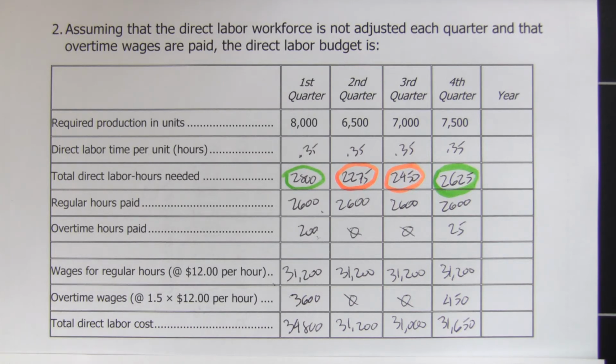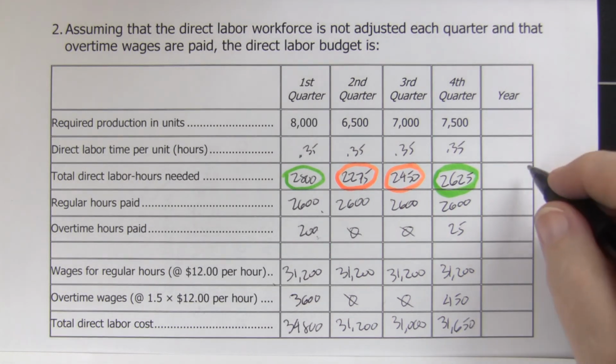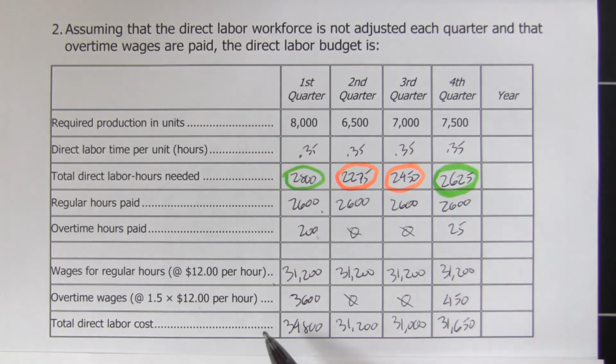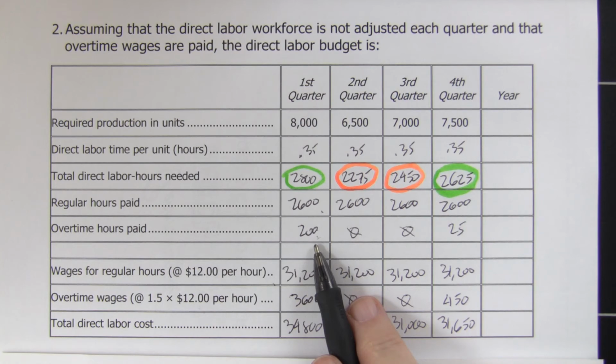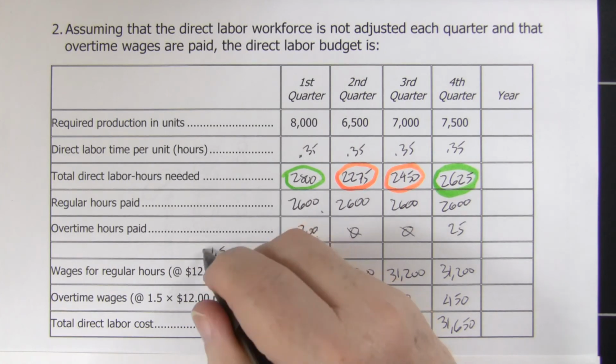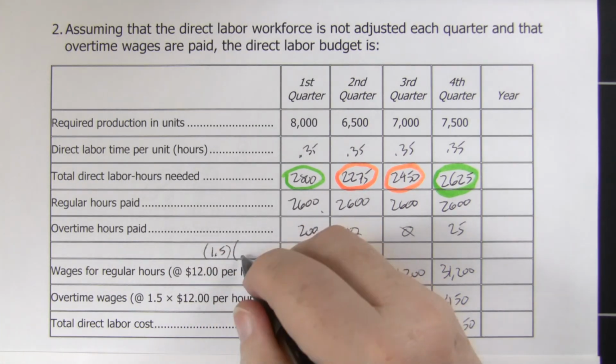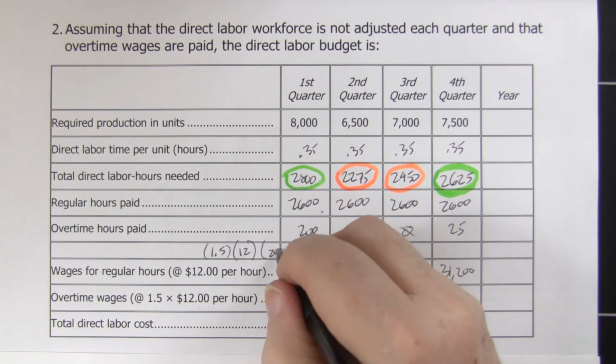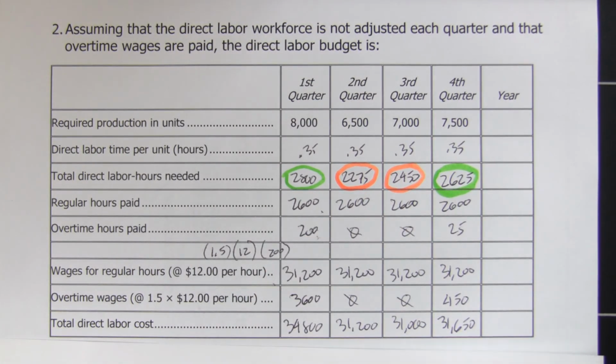The only thing that you really had to think a little bit about was the overtime, and you can either take the rate and increase it by 1.5, or take the total hours and increase that by 1.5. Or you can simply take the 1.5 times the $12 times the 200, and that'll give you the same exact answer. So any way you like to do it, doesn't matter. Don't care how you do it, only care that you do it.